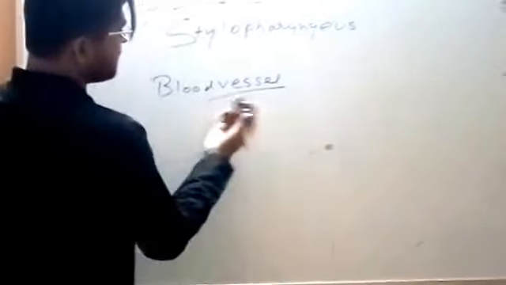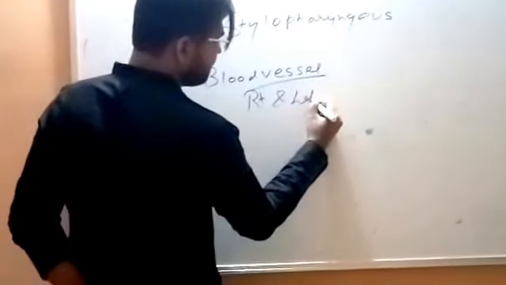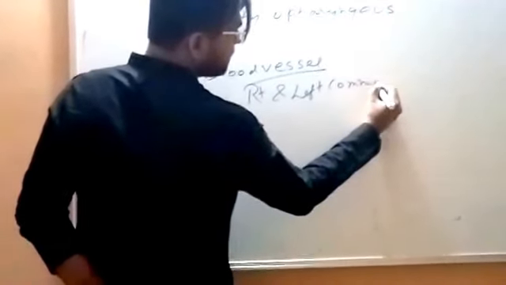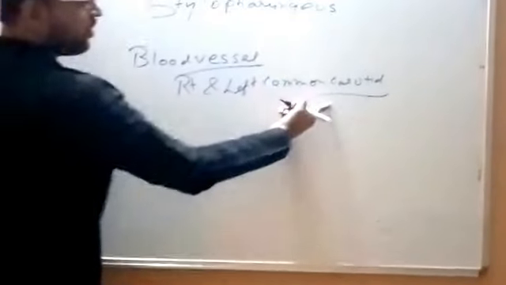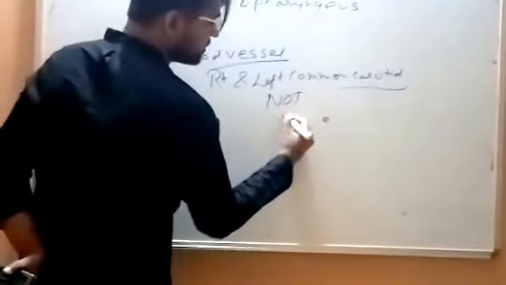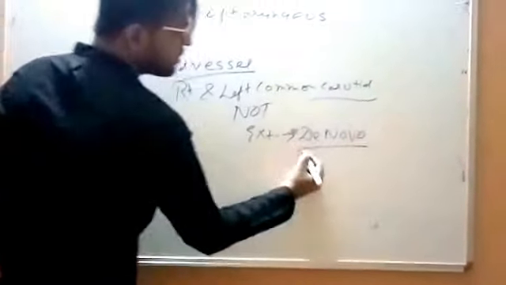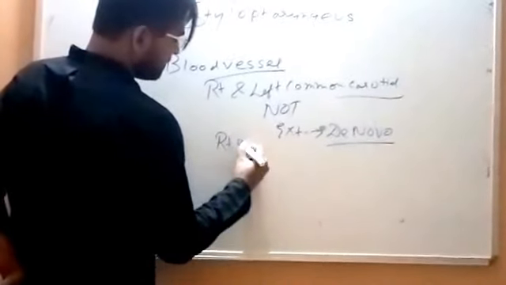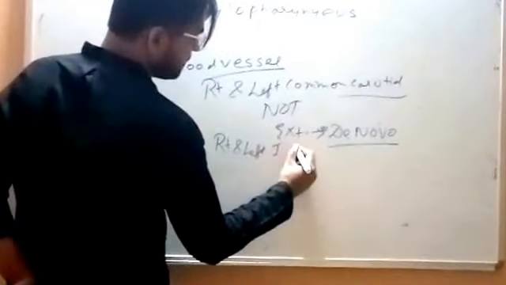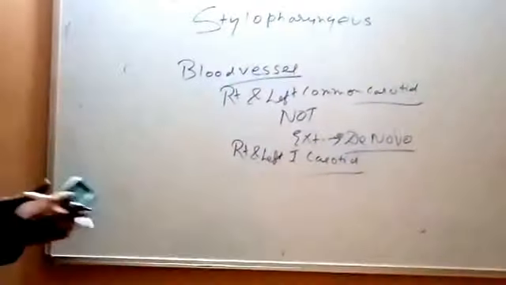The blood vessels derived by the condensation of third pharyngeal arch are your right and left common carotid, not external, because external is a de novo branch, not a mesodermal condensation. And right and left internal carotid. This is the blood vessel derived from third pharyngeal arch.